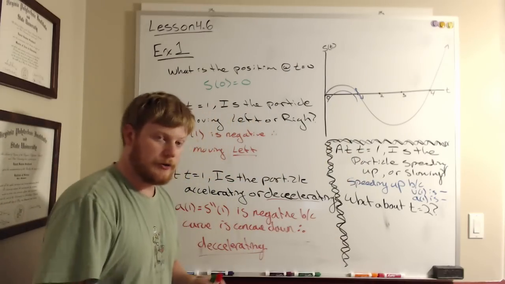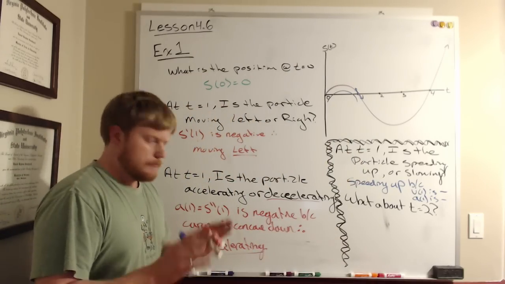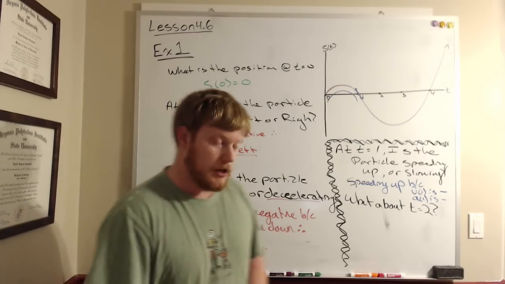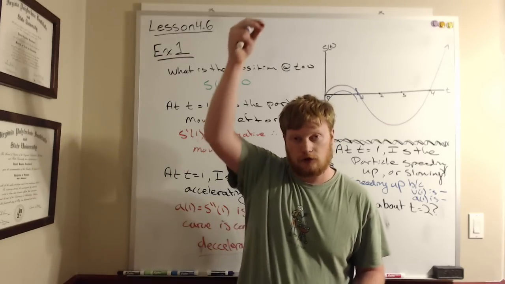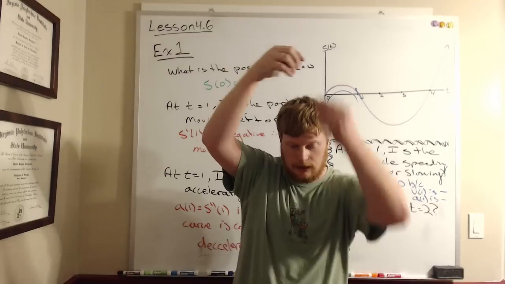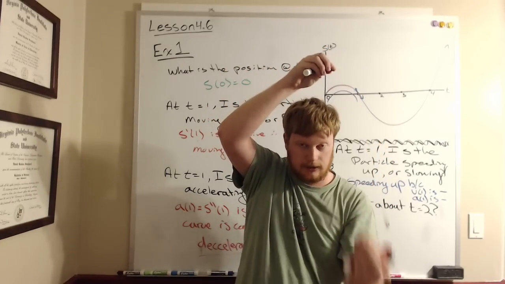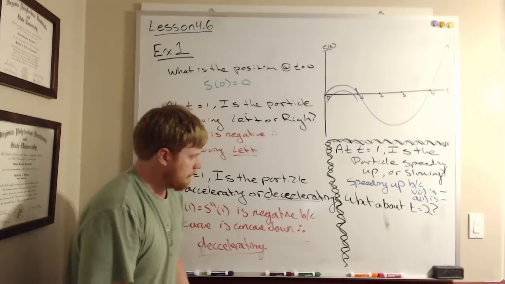Now that might sound counterintuitive, right? These things are both negative, but I'm speeding up. That's okay. I can be speeding up in the left direction, in the negative direction. When you drop a ball from a distance, it has a negative acceleration, and its velocity is down, and therefore it's speeding up, right?